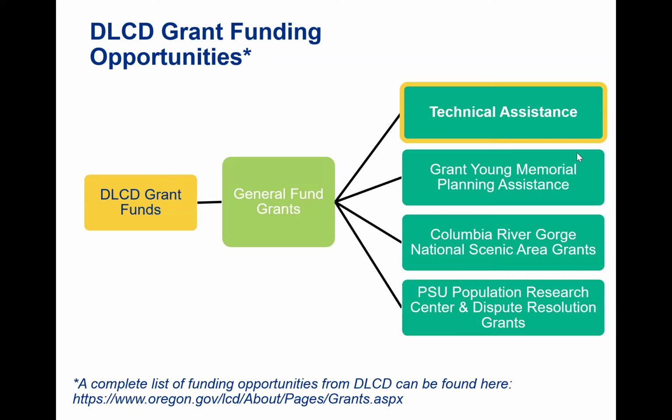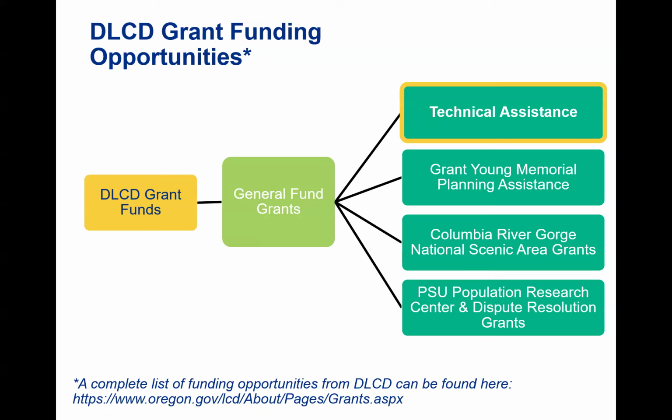The legislature appropriates money each biennium, 2-year period, to our agency, and we call those the general fund grants, and it gives us the ability to provide assistance to eligible local governments and other entities to do technical assistance projects which promote land use planning in Oregon and help implement our statewide planning goals and our statewide planning program.